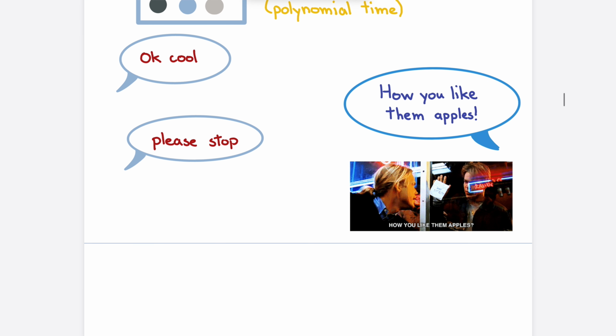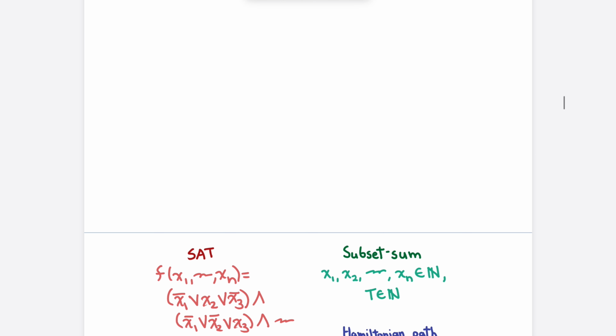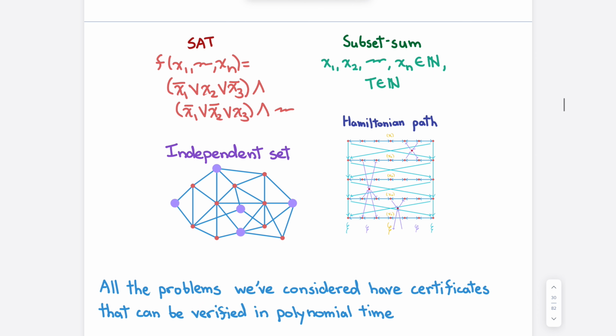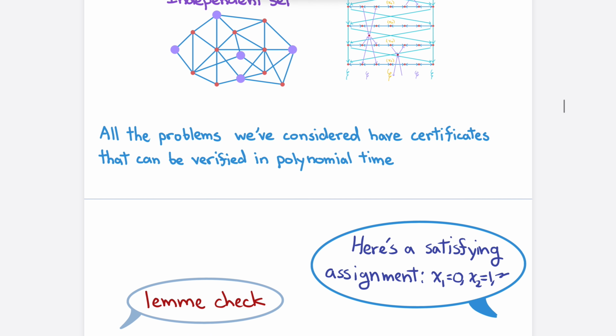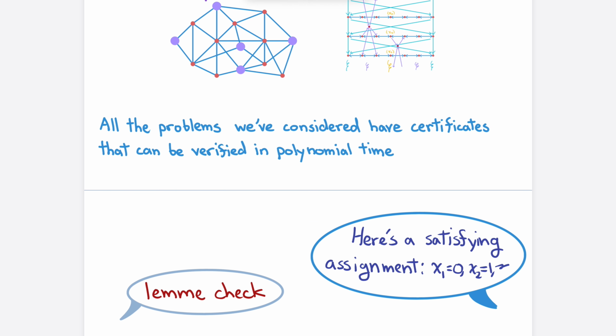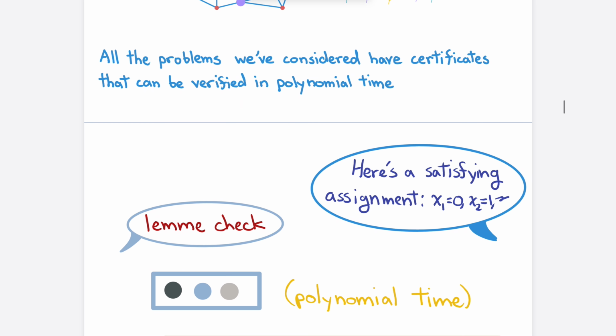All right, so what's on this slide? Okay, so, right, all these problems that we've been focused on and have been giving us a hard time, they're all problems that have certificates that can be verified in polynomial time. Even Ben Affleck can double check one of these solutions. And all right, so now if I open this up, here's a satisfying assignment, let me check, and you're gonna spend some polynomial time, right?